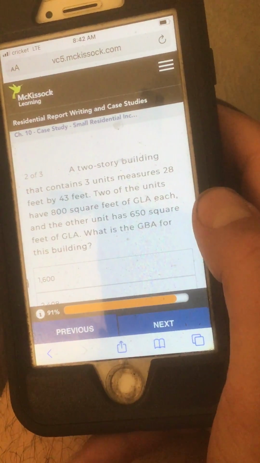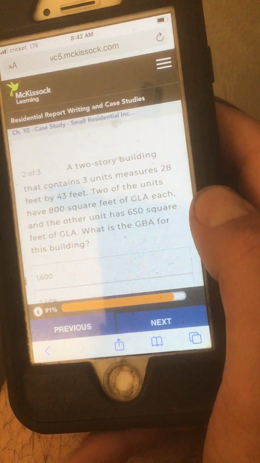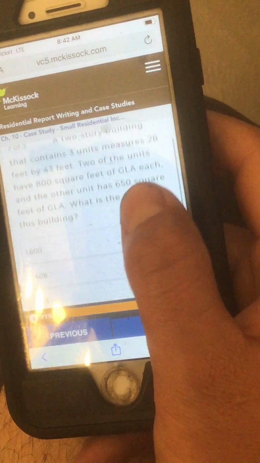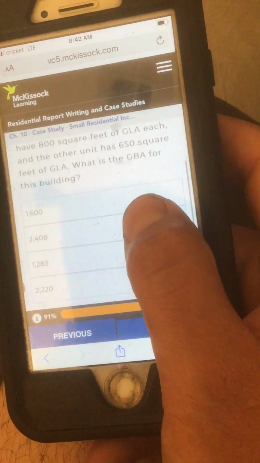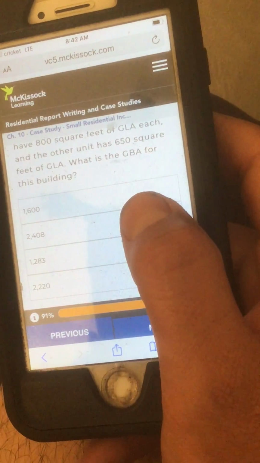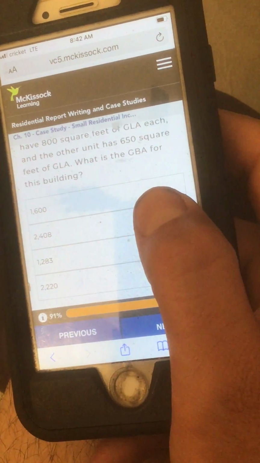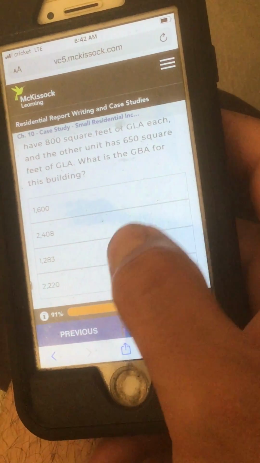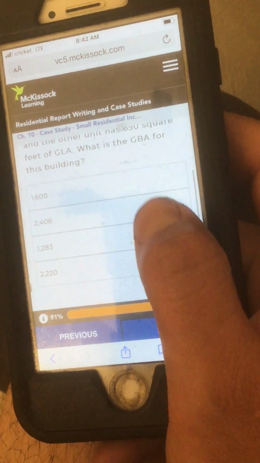What is the GBA of this building? A is 1,600, B is 2,408 square feet, C is 1,283 square feet, and D is 2,220 square feet.